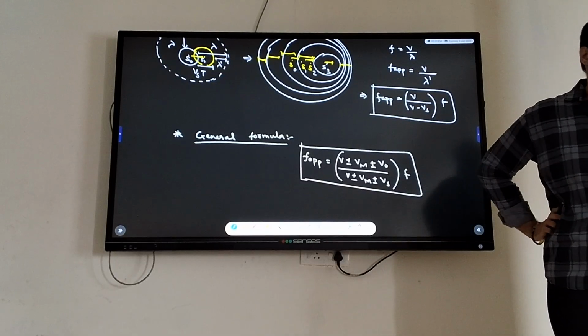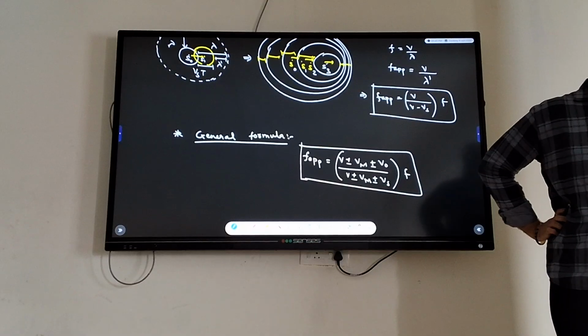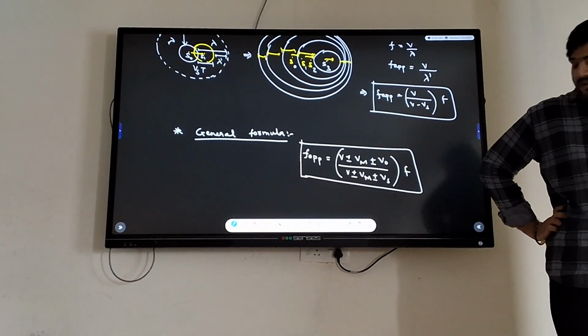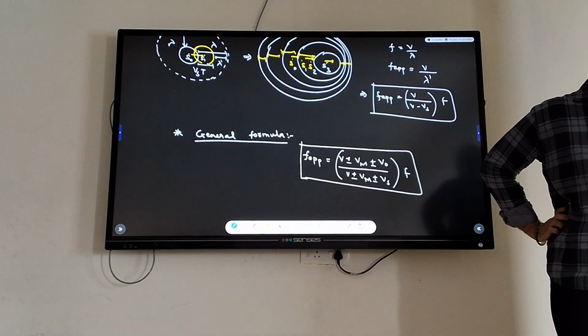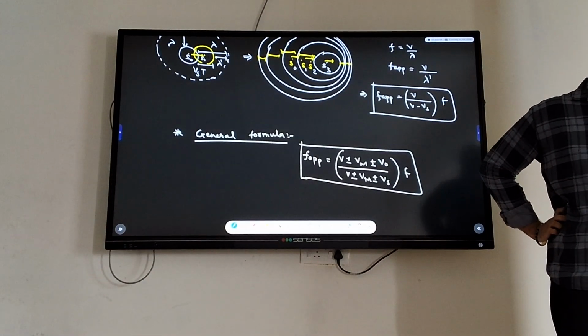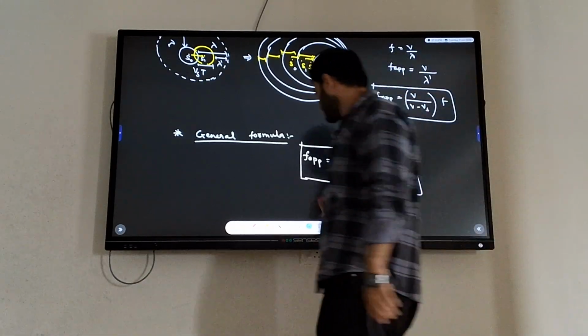And let's try to understand it. Let's try to understand the sign convention first. अब साइन कन्वेंशन क्या होएगा? देखो एक एक का मोशन देखना पड़ेगा और उसके बाद देखना पड़ेगा when to take plus v, when to take minus v, all those things. ठीक है? तो साइन कन्वेंशन is something like this.